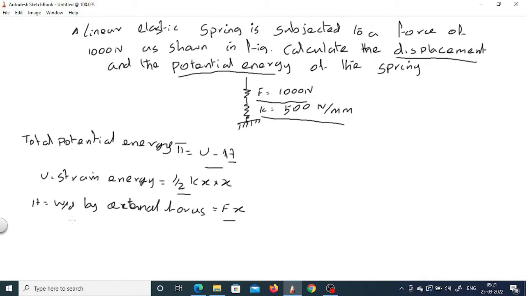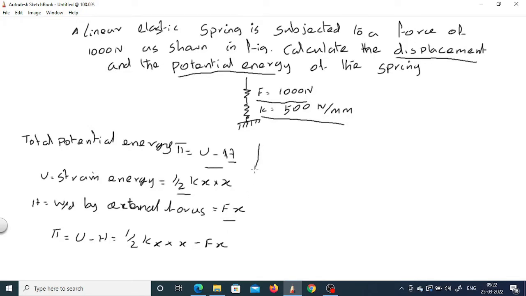So the equation can be written as phi is equal to U minus H, which is 1 by 2 kx into x, and then minus the work done, Fx. So minus Fx.